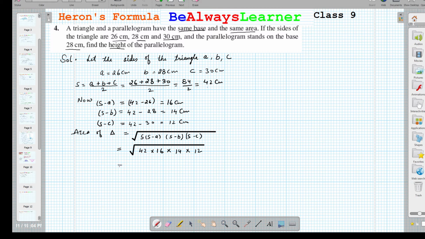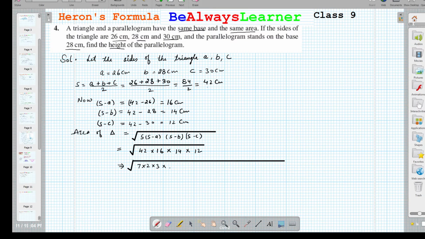Now further, we can do the factorization, right? So how can we write 42? 7 into 2 into 3. How can we write 16? 4 into 4.